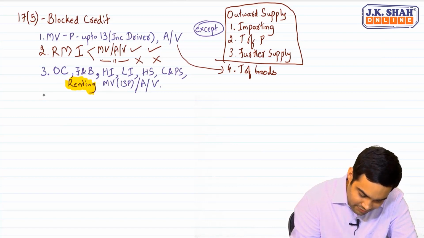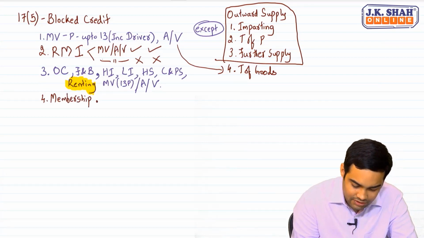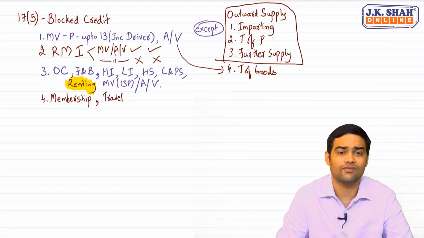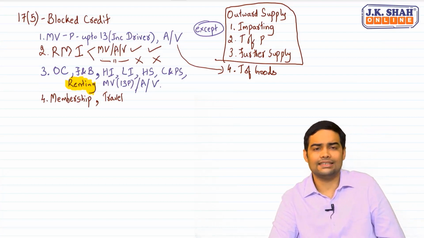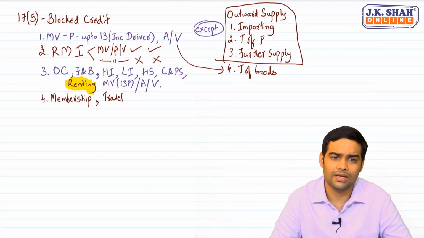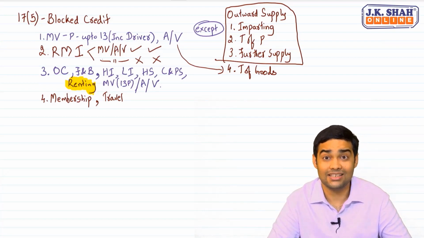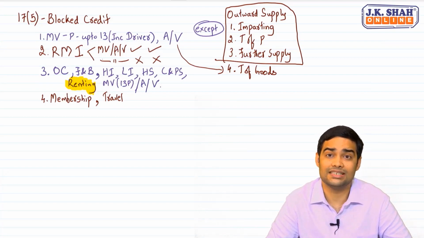The fourth point which is covered here is membership of clubs, health and fitness centers, and thereafter you have travel benefits to employees. Travel benefits to employees such as leave travel concession. In such cases also ITC will not be available. But say suppose it's a business travel, will ITC be eligible? Obviously, ITC will be eligible if it's a business travel.